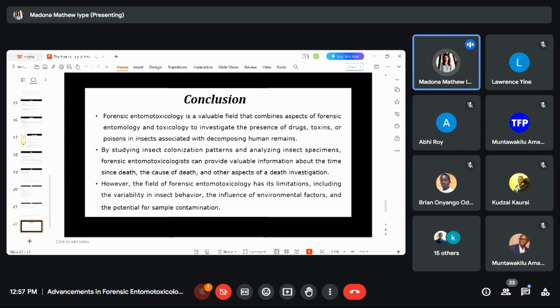However, the field of forensic entomotoxicology has its limitations, including the variability in insect behavior, the influence of environmental factors, and the potential of sample contamination, which is the main one. If I'm talking about the Indian scenario, I'm not that clear about the African scenario.